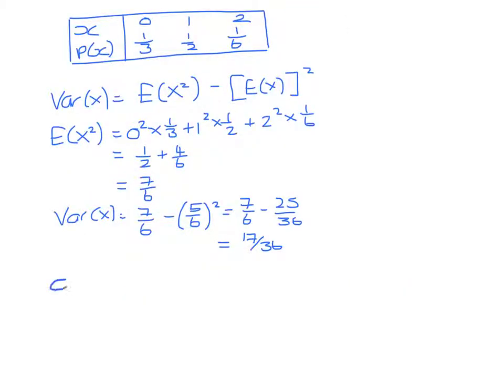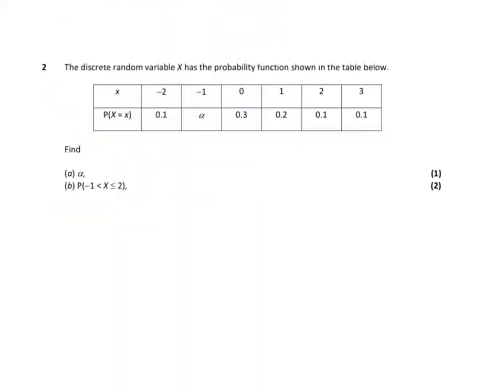Finally, in part C, I'm asked to work out the probability that the x value is less than or equal to 15. Well, all of these x values are less than or equal to 15, so the probability is 1.